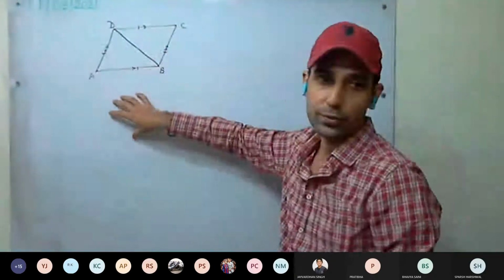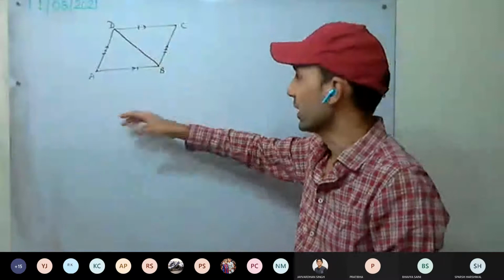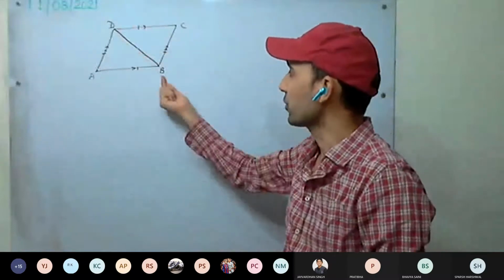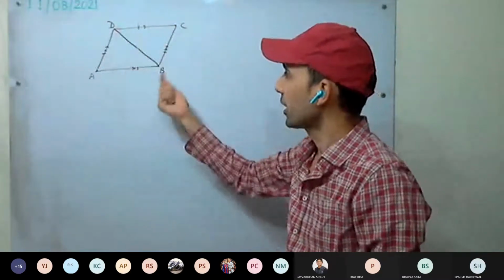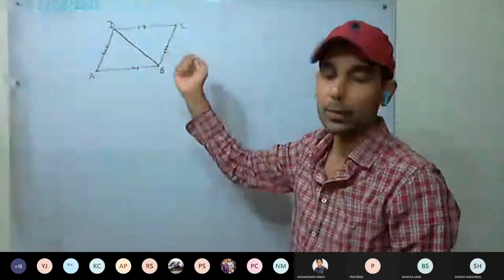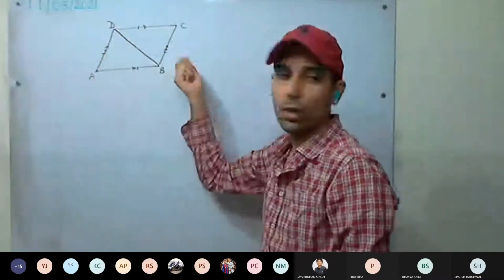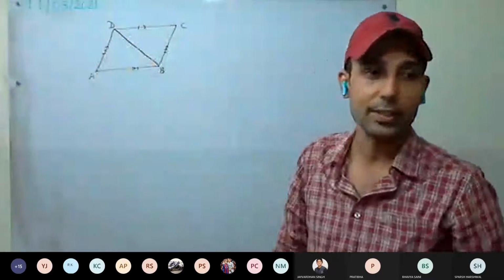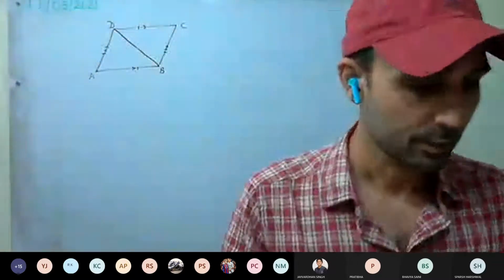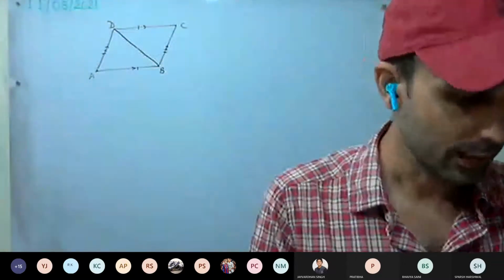You can draw any kind of figure, but it has to be a rhombus, okay? And you can start marking from anywhere. A, B, C, D like this. But mainly people draw anti-clockwise, starting from this point, depending on the question, whichever seems easy, okay? So it's up to you how you draw.